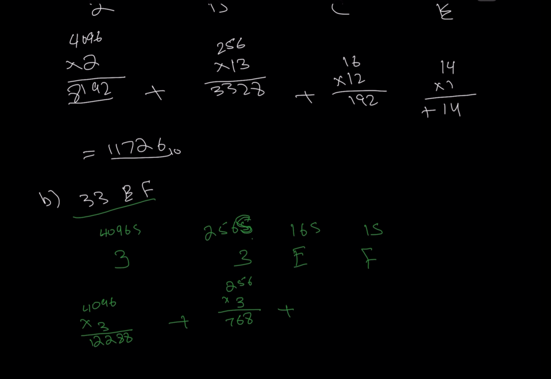Alright, now add this number. E is 14. 14 times 16 will give you 224 plus F is 15. 15 times 1 is 15. So let's add them all together, see what number we get.